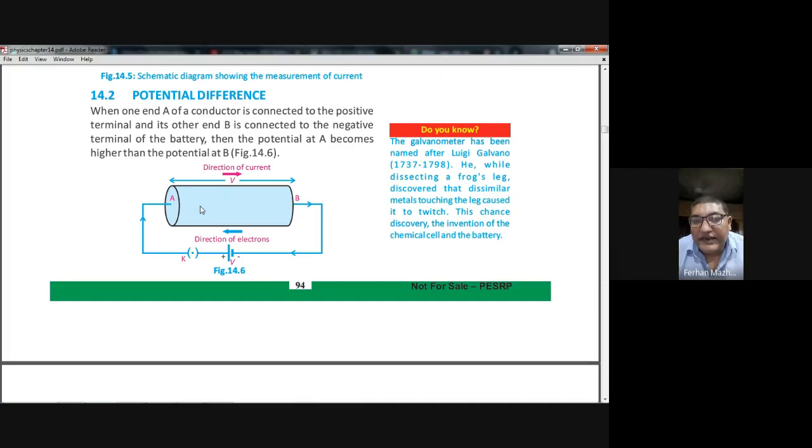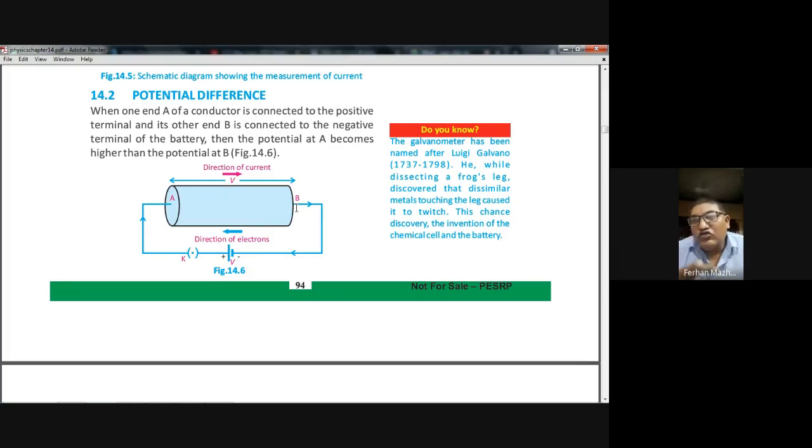So what I am saying is that the amount of energy converted from electric to another form of energy is 10 joules, and 2 coulomb charge has flown from A to B.